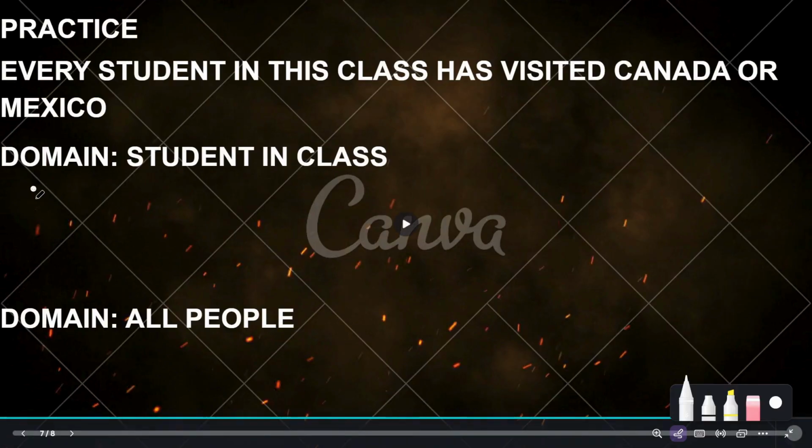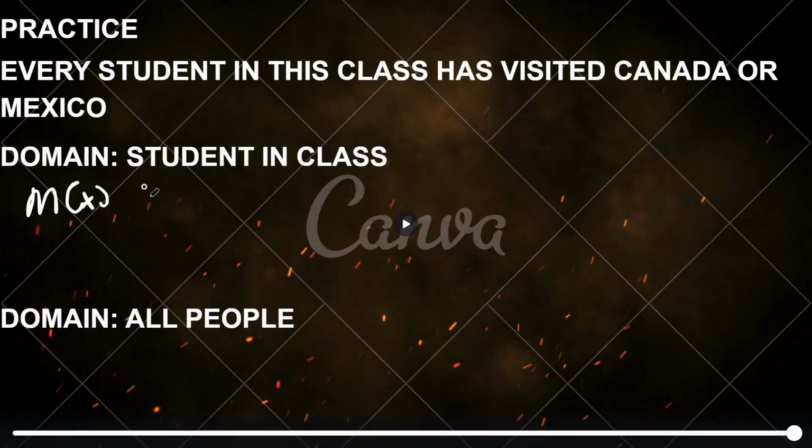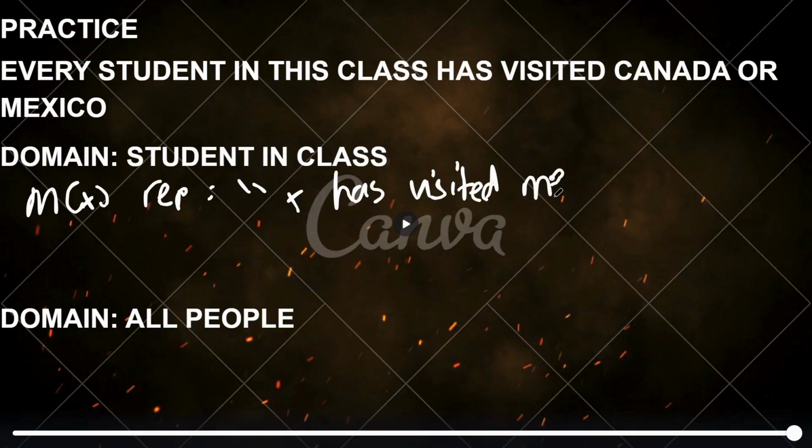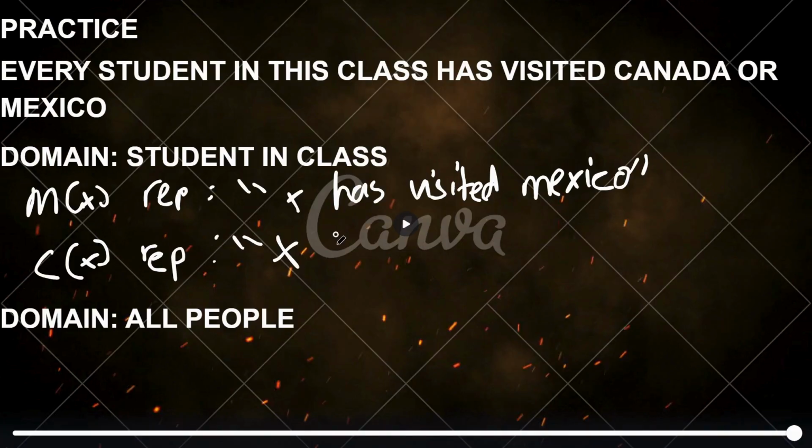M(x) represents x has visited Mexico. And the next one, C(x) represents x has visited Canada.